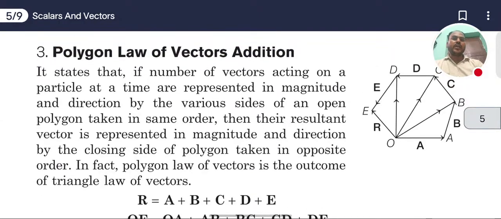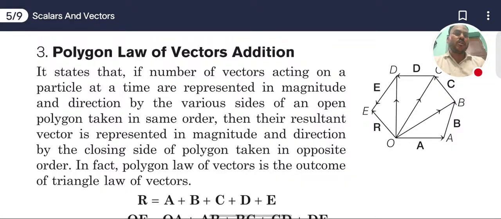Now next one, polygonal law of vector addition. It states that if a number of vectors acting on a particle at a time are represented in magnitude and direction by the various sides of an open polygon taken in the same order, then their resultant vector is represented in magnitude and direction by the closing side of the polygon taken in the opposite order.